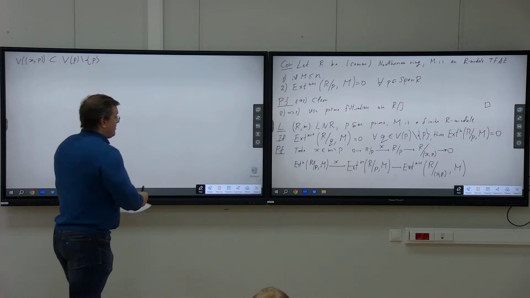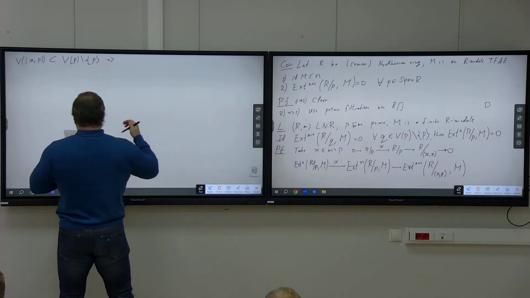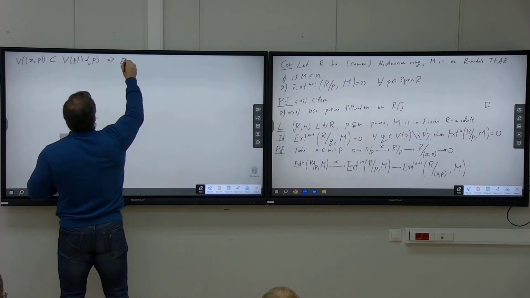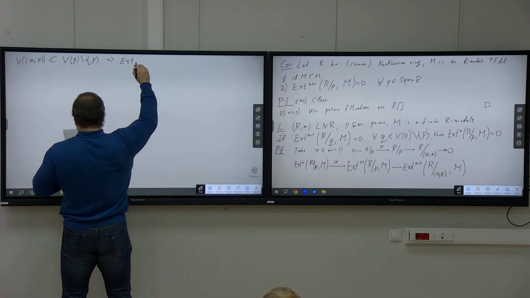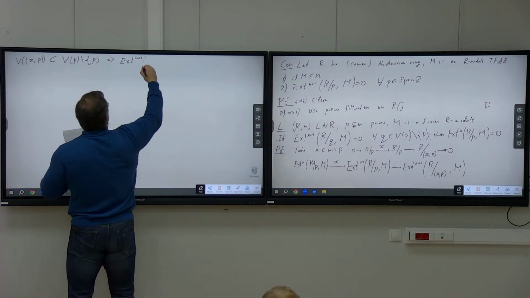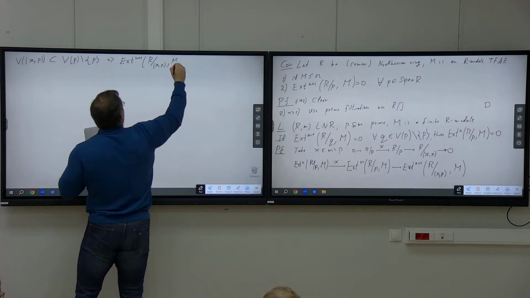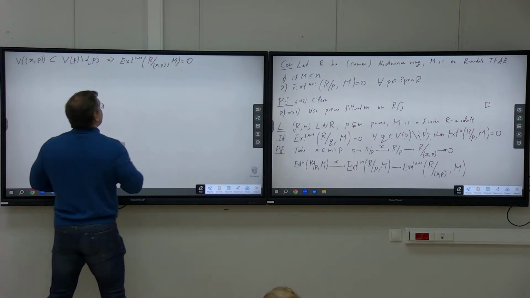Well, from this we can immediately see that the Ext^{n+1}(R/(x𝔭), M) is 0.